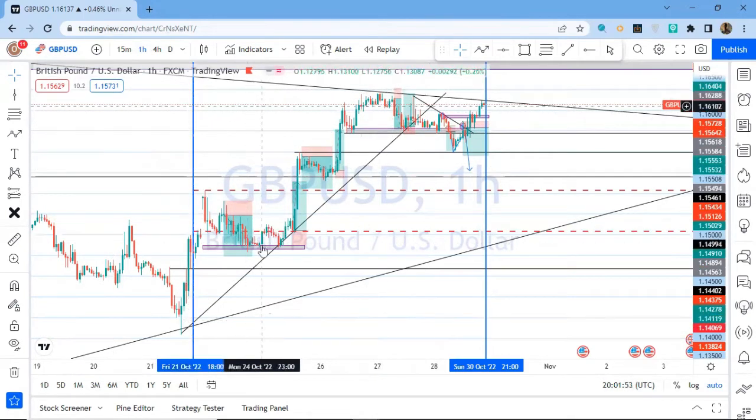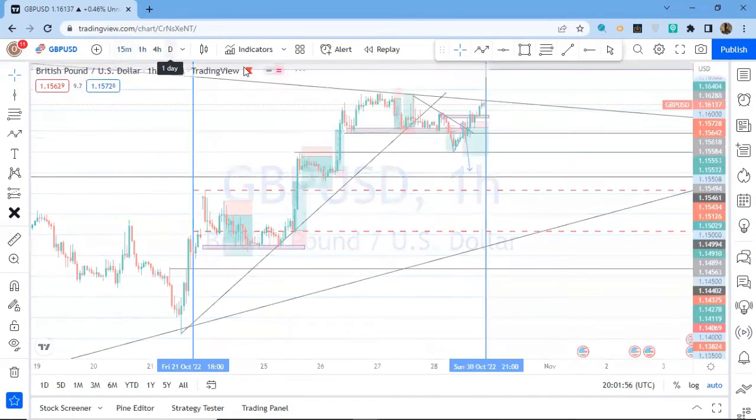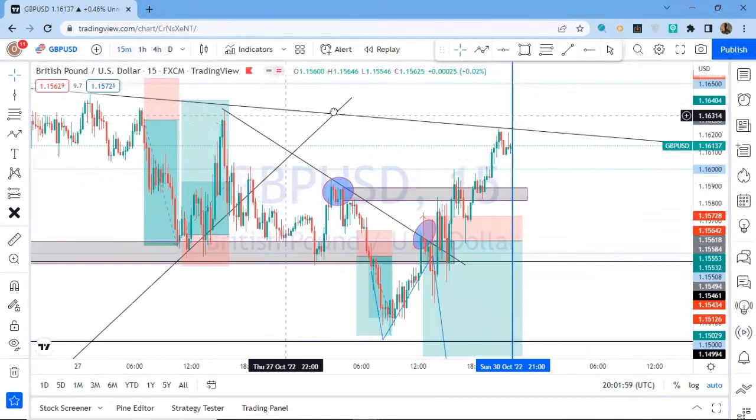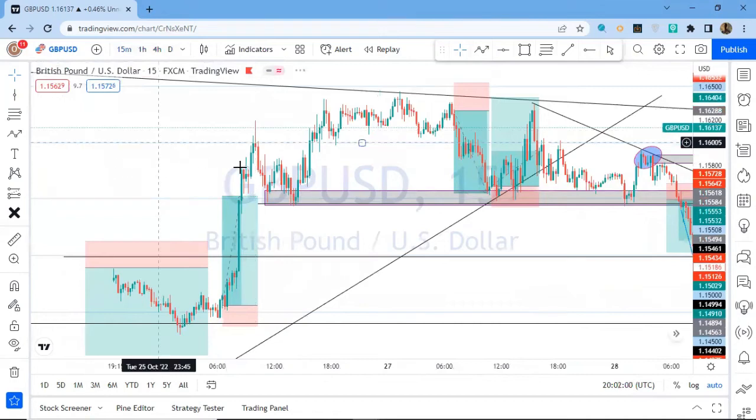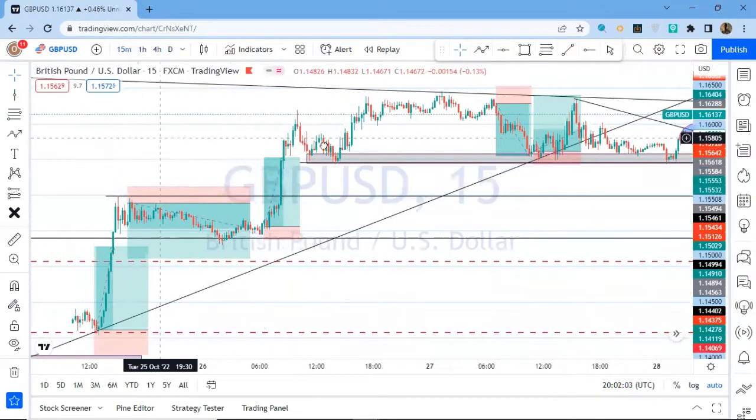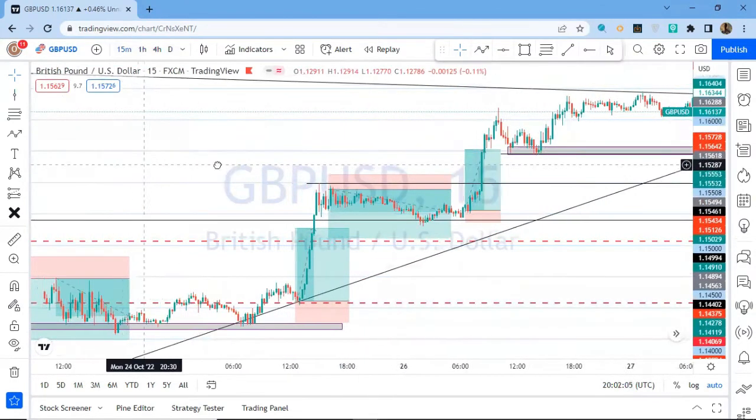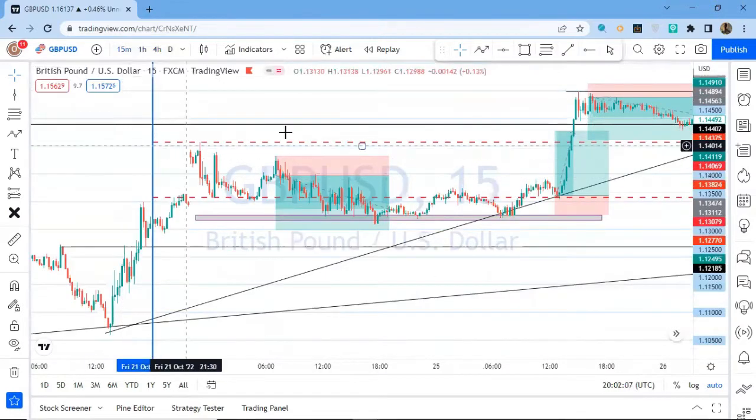So what made us take our first trade of the week? Let me drop to the 15-minute and see these candles properly. So let's see. First trade of the week. There you are.